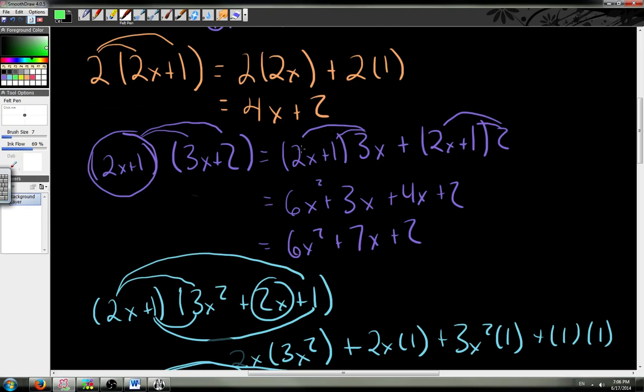And actually what we did was 2x times 3x, which is first, and then we did 1 times 3, which is last, so we did do F, and then we did 3x times 1, which is inside. And then we did 2x times 2, which is outside. And then we did our last terms. So we did FIOL. And it totally worked.